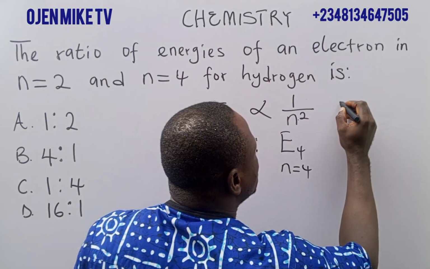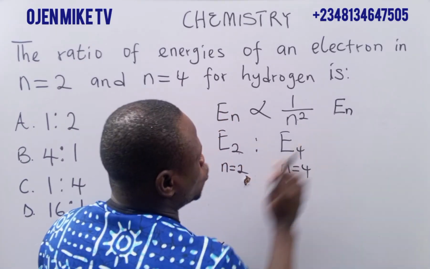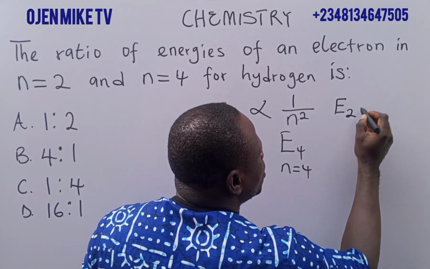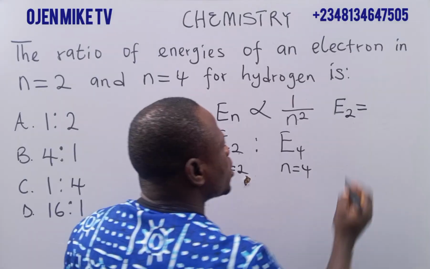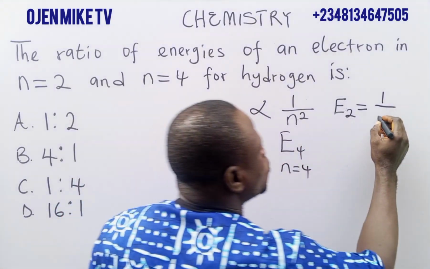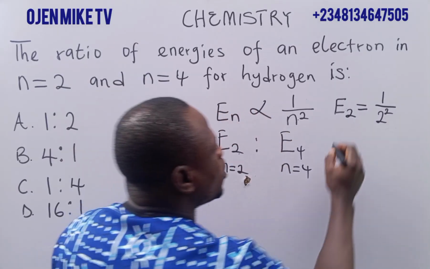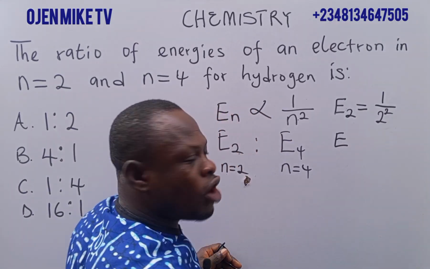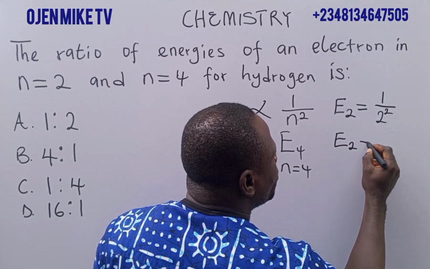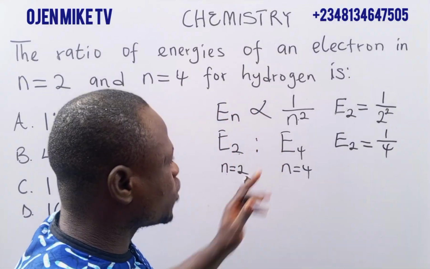The energy level of principal quantum number 2 is equal to 1 over n squared, n is 2, so 1 over 2 squared. So the energy level of principal quantum number 2 will be equal to 1 over 4. That is for the first one.